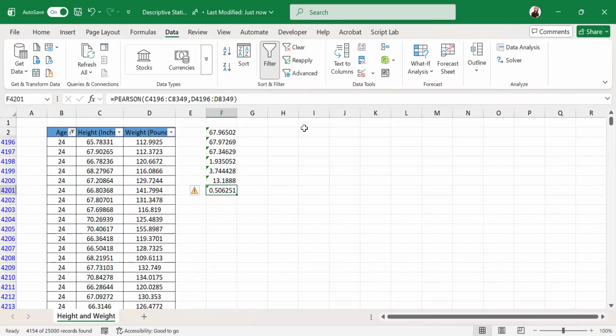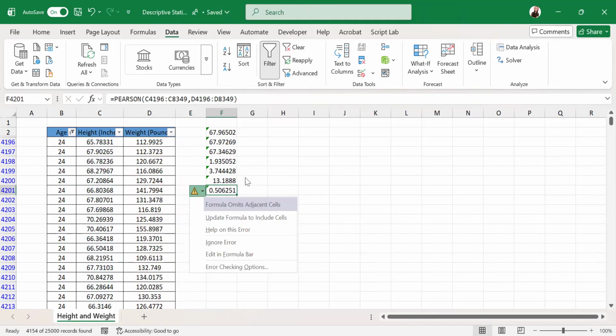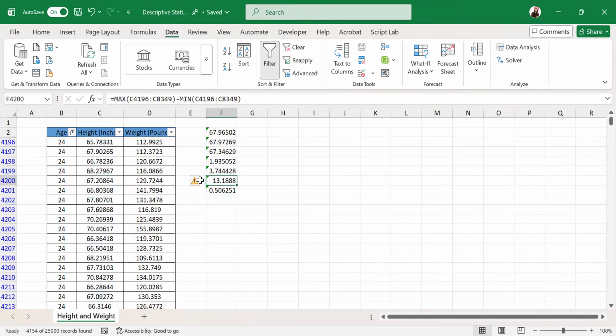That means that we have a positive relationship, which means that if one increases, the other one also increases, but it's a 0.5, so it's not that strong. Okay? These errors right here are really common because Excel is noticing that I don't have a pattern between the cells that I'm writing. So it kind of gets weirded out with what I'm doing, but that's okay. We can leave it like that.